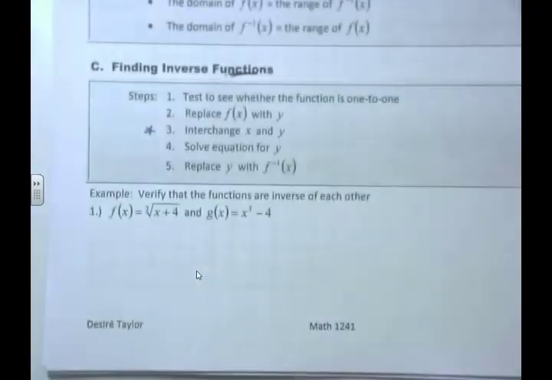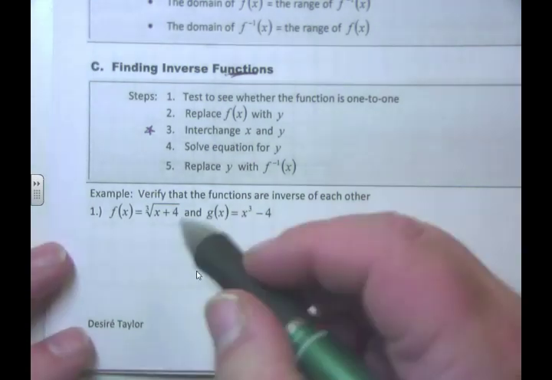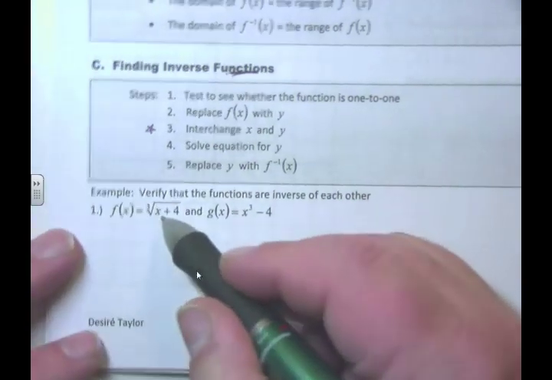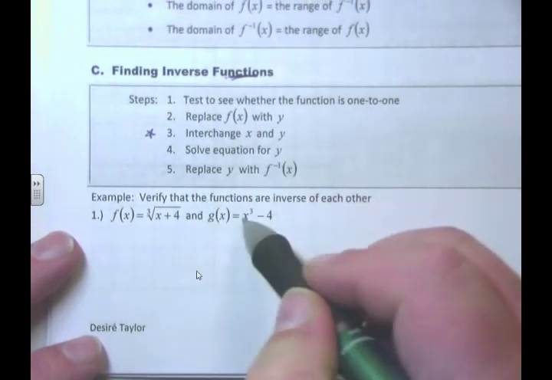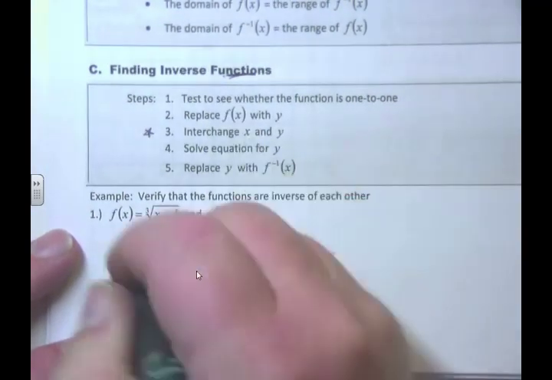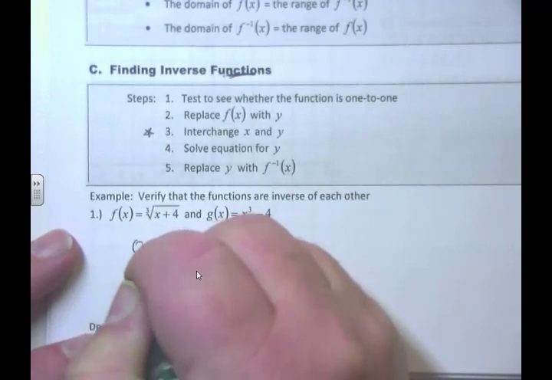So, here's a question. Verify that the functions are the inverses of one another. To test to see if they're inverses of one another, you have two options. I can either take this guy and use my steps of finding inverses, and this function should pop out. Or the other one is this.